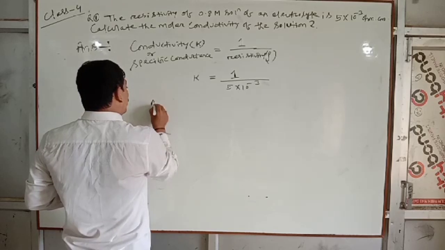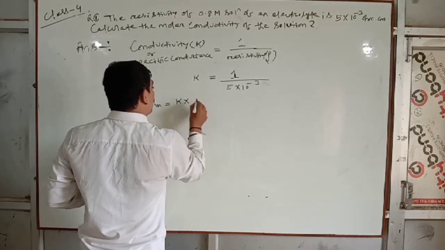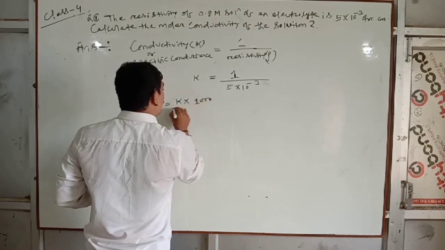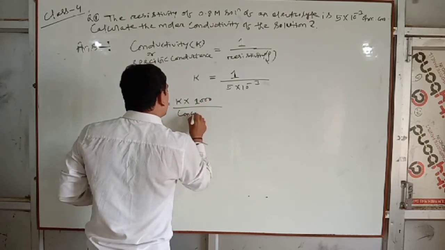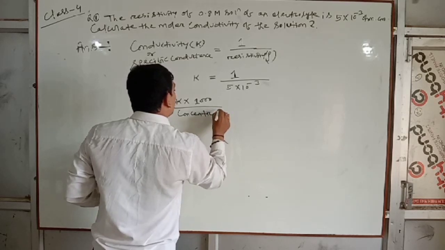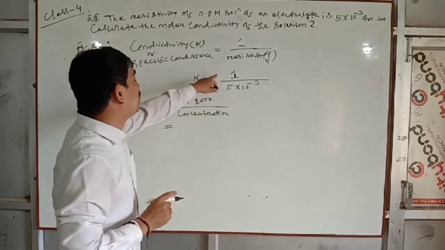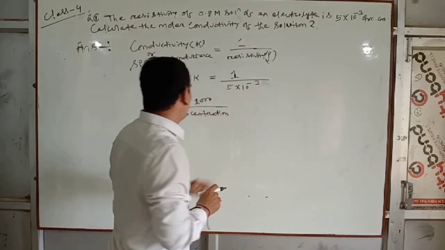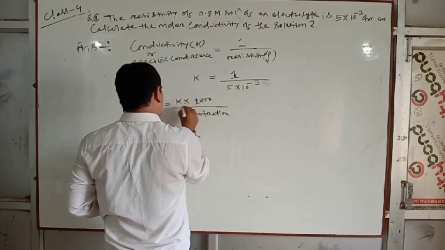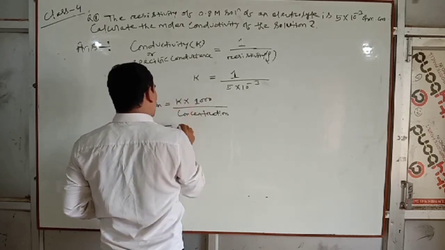We know that lambda m equal to kappa into 1000 by concentration. Kappa equal to 1 by 5 into 10 to the minus 3.